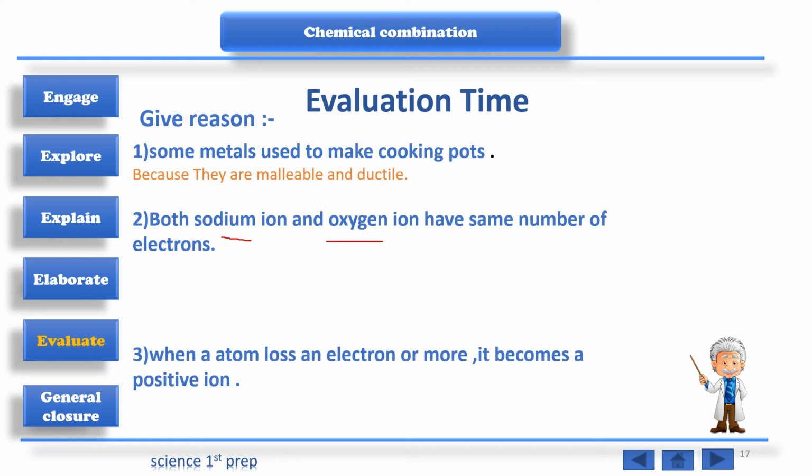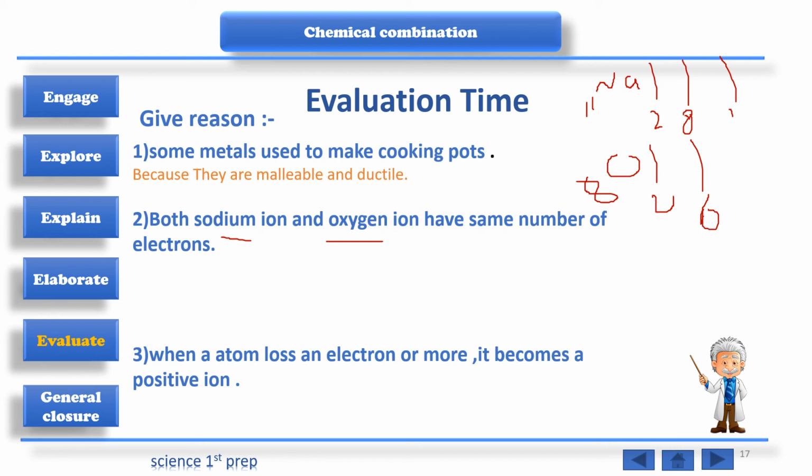Let's see. Here we have sodium, Na 11, electronic configuration 2, 8, 1. And we have oxygen, O 8, electronic configuration 2, 6.